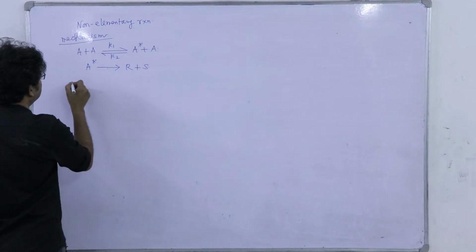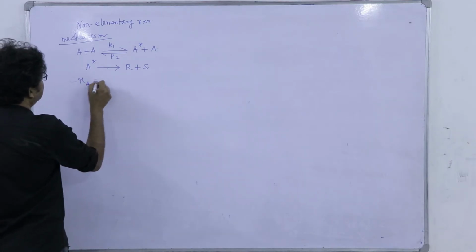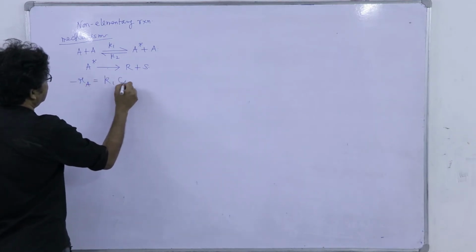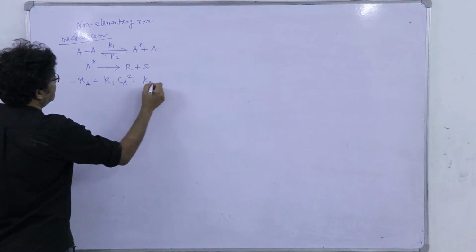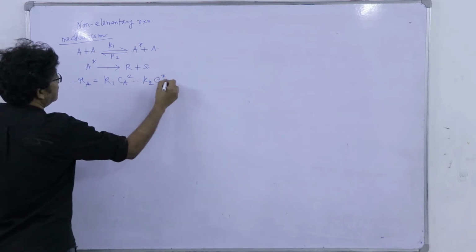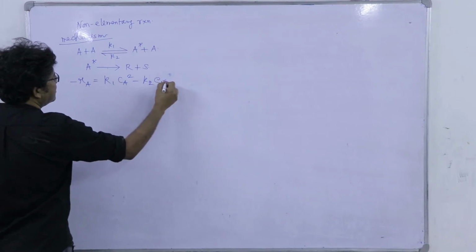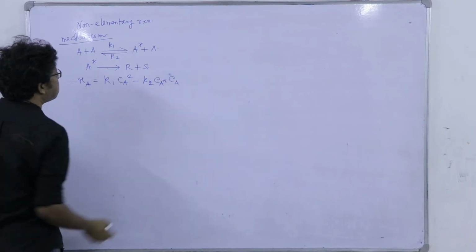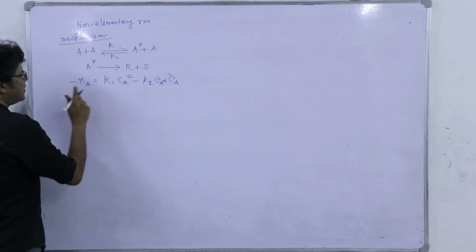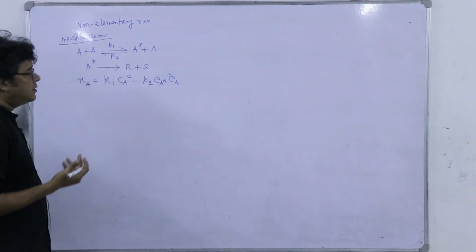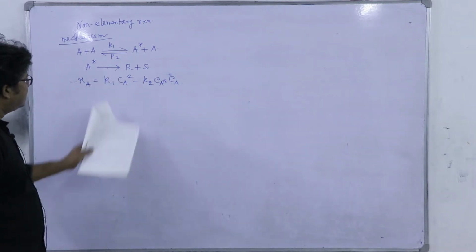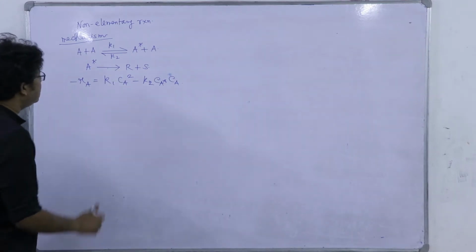So, minus RA equals K1 CA square minus K2 CA star CA. That we have to finally formalize upon replacing this CA star.